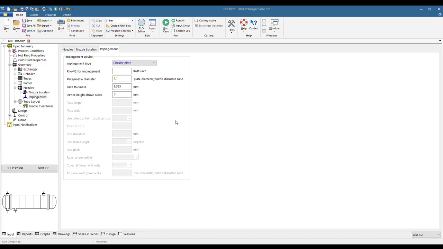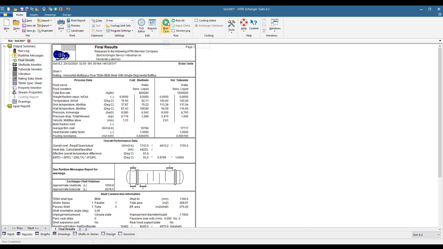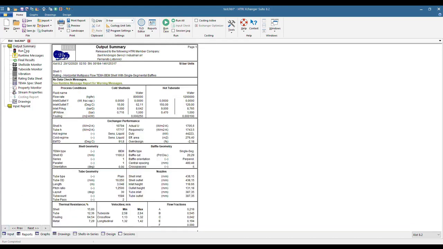So if we are happy with the circular plate, we have just to write here a figure which is a little bit lower, 1400, for example, and then run again the case. We run again the case, well, we go to the output summary. The output summary now, the over design is slightly reduced, -2%.